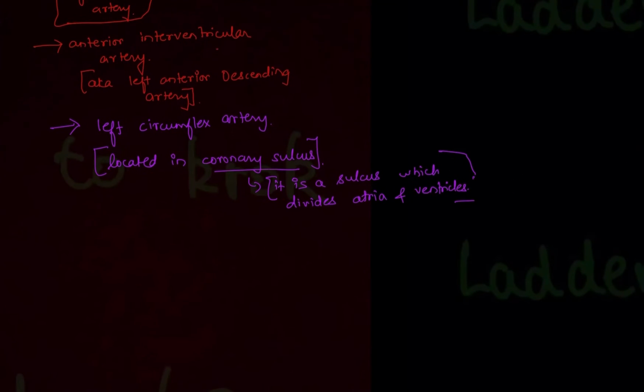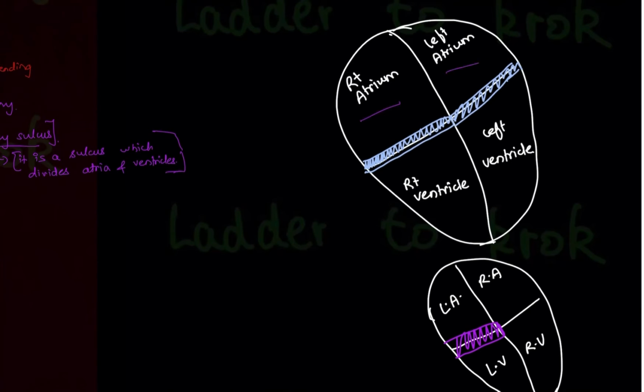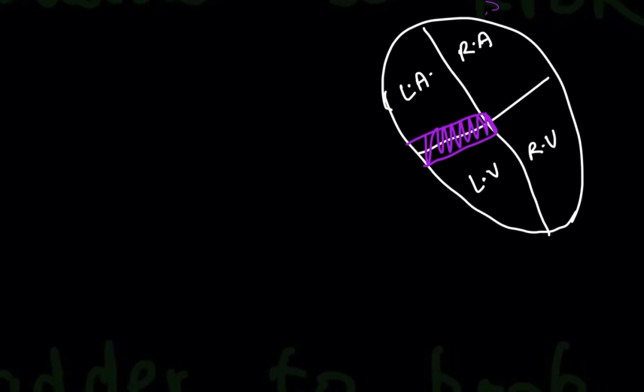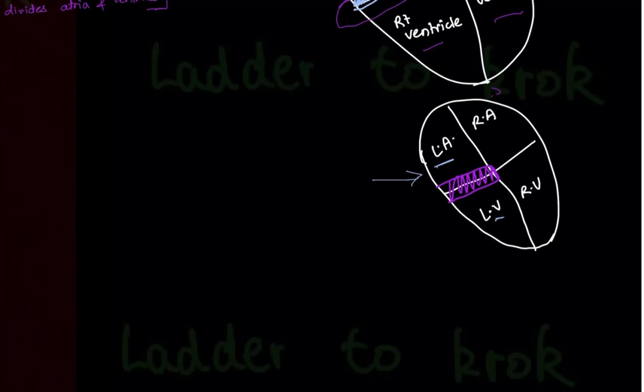You can see this in the picture which I have drawn. Okay, I have drawn a very simplified version. This is the right atrium, there's left atrium, right ventricle, left ventricle. You can see this structure running between the atrium and the ventricles. Now there is something called the coronary sinus. What is it? Coronary sinus. Now this coronary sinus divides the left atrium and the left ventricle. So this view which you are looking at is the anterior view of the heart, and this downward diagram is of the posterior surface of the heart, or posterior view.